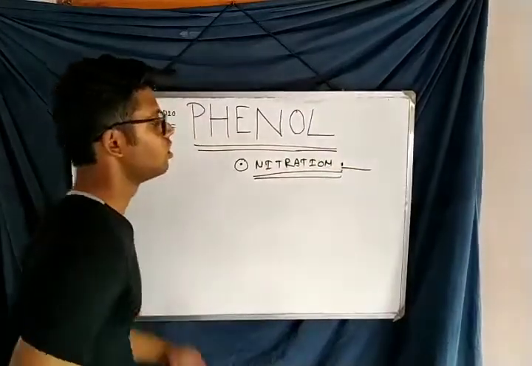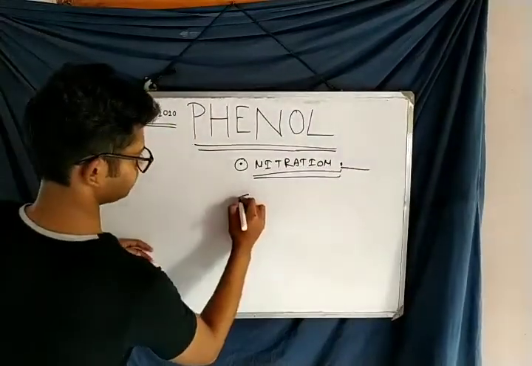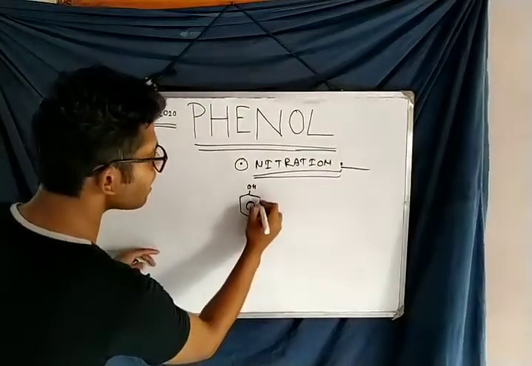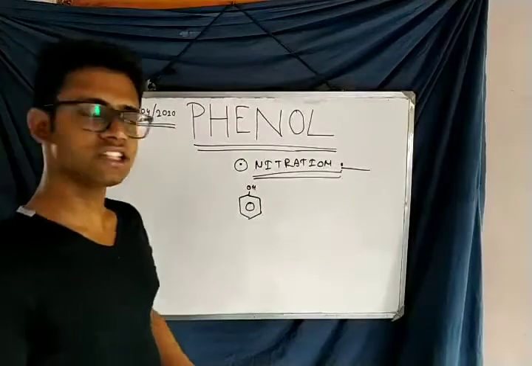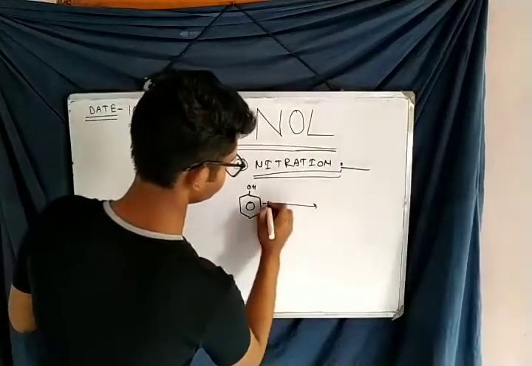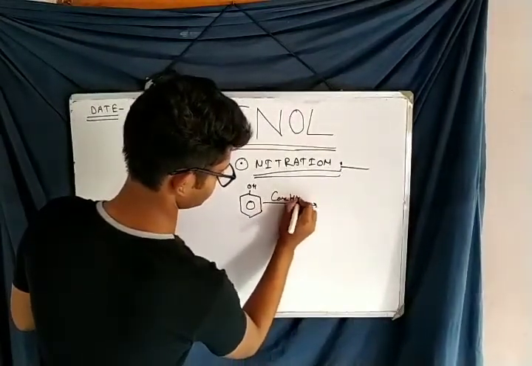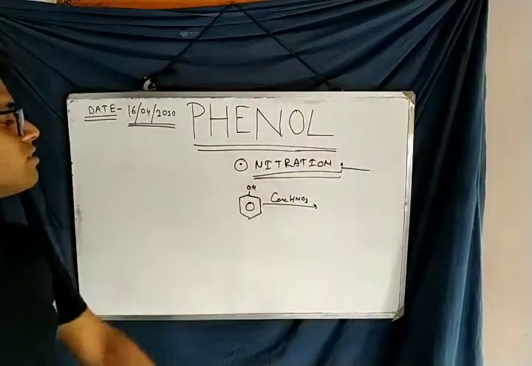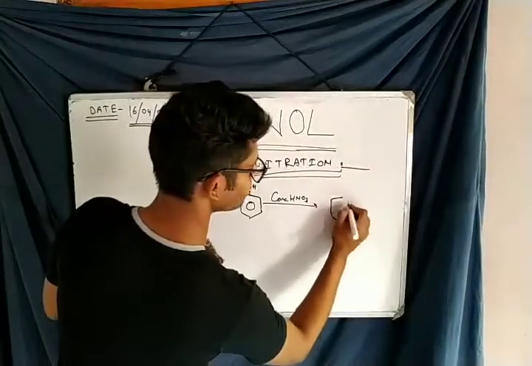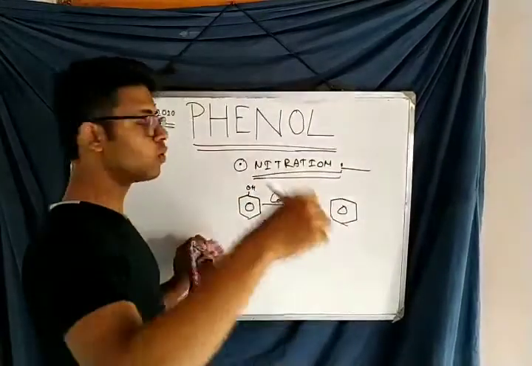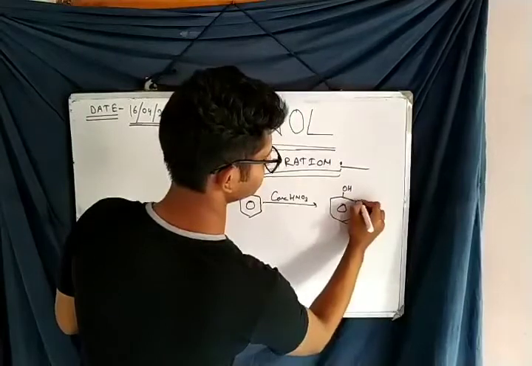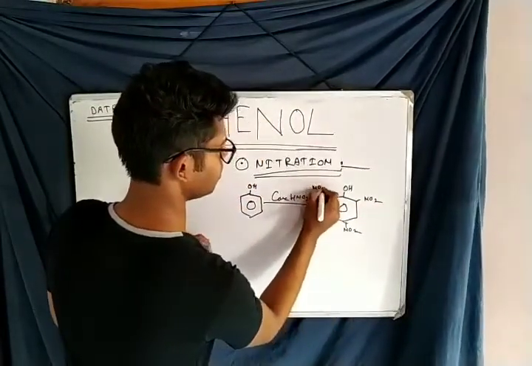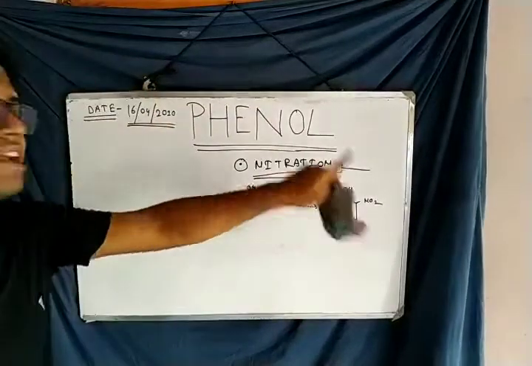Nitration. When phenol is treated with concentrated HNO3, nitric acid, the compound obtained from this reaction, similar to bromine, is OH with NO2, NO2, NO2: 2,4,6-trinitrophenol.